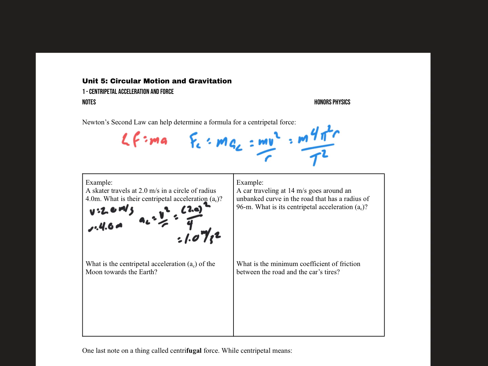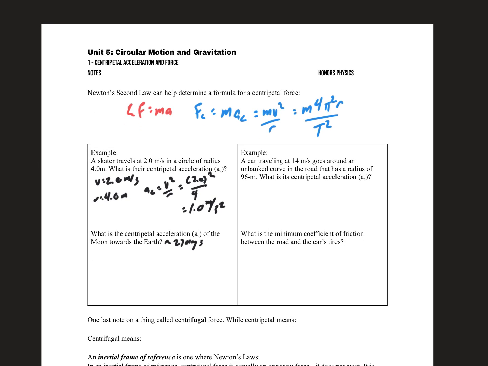Centripetal acceleration of the moon towards the Earth. Well, everyone knows it takes about 27 days for the moon to orbit the Earth. The radius between the Earth and the moon is about 3.84 times 10 to the 8th meters. Converting days to seconds is about 2.36 times 10 to the 6th seconds.